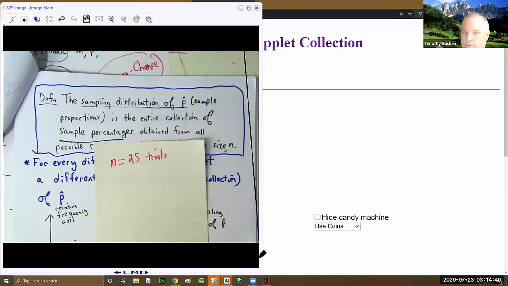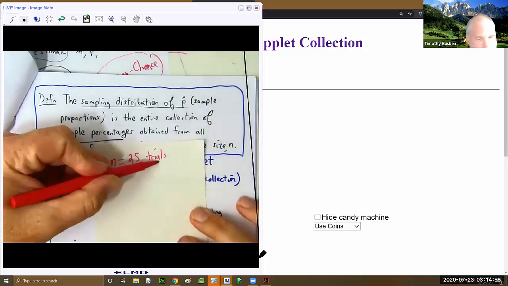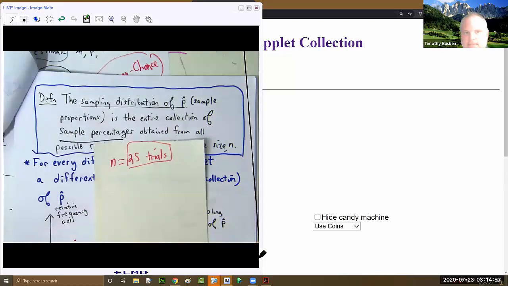Is it orange or not orange? So we're conducting a binomial experiment. Taking one sample of 25 randomly selected candies and measuring whether they are orange, yes or no, is an example of a binomial experiment.